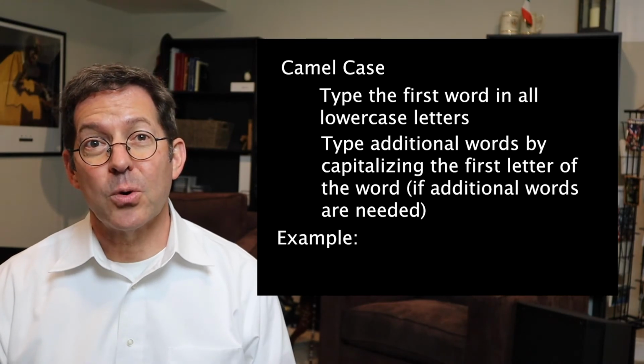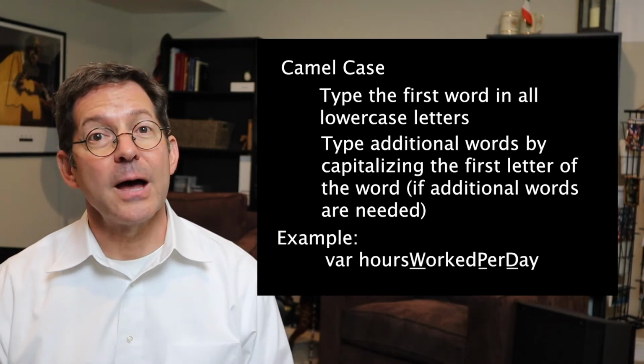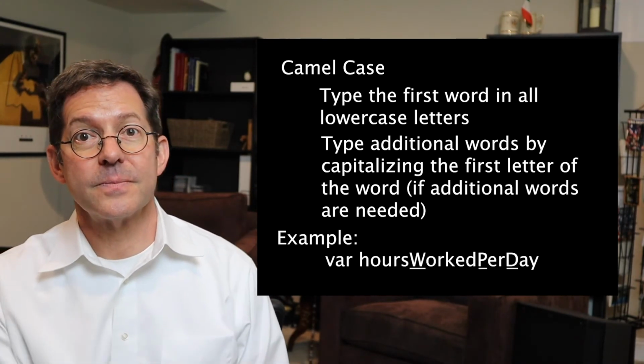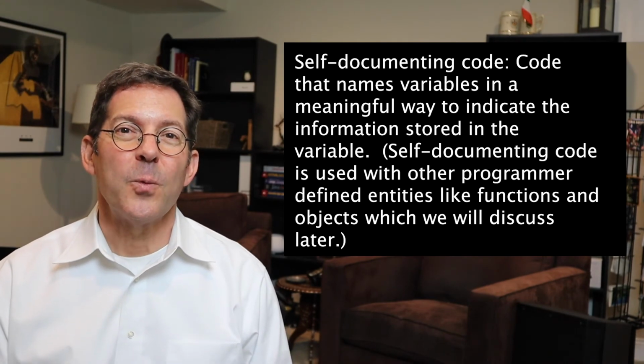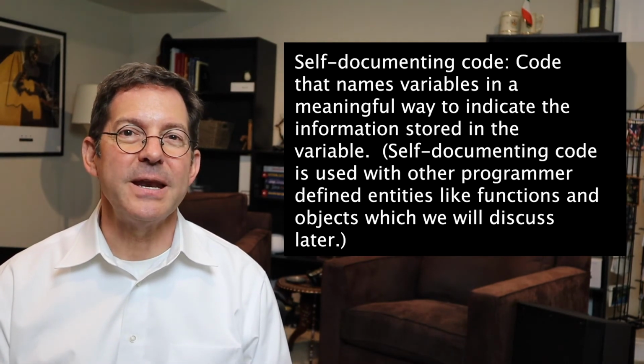If I named my variable hoursWorkedPerDay, I would type it like this. The second common practice that we used is we gave our variable a meaningful name. Since I named the variable hoursWorked, other programmers would know exactly what's being stored in the variable. By providing a meaningful name, we are producing self-documenting code that can be read and easily understood.